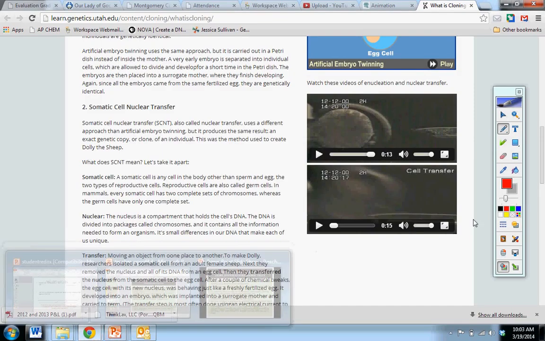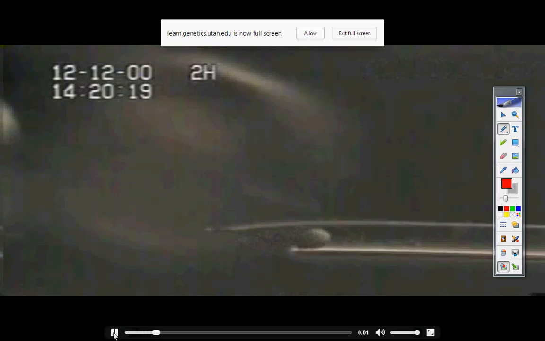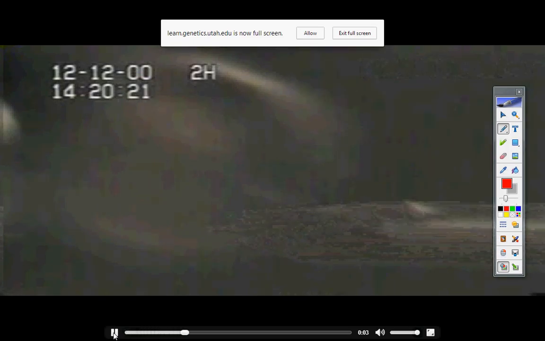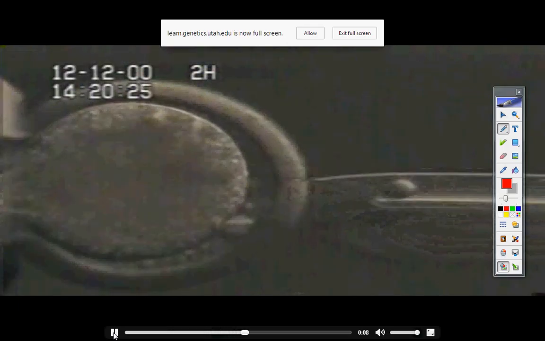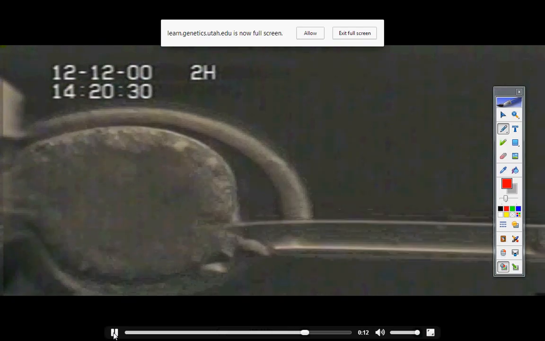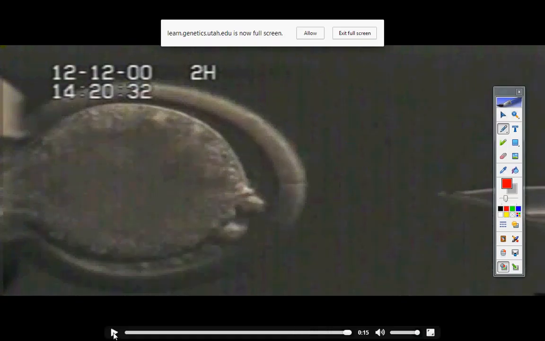Now, let's do the cell transfer. Cell transfer involves placing a cell from the animal we are cloning next to the oocyte. This is crazy. Who's those two again?